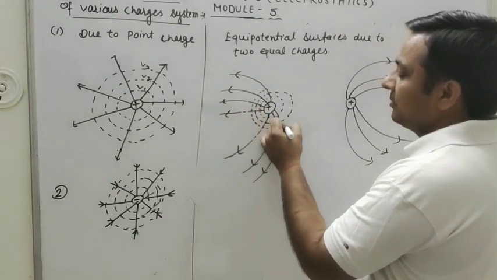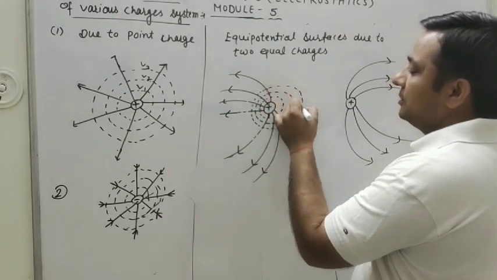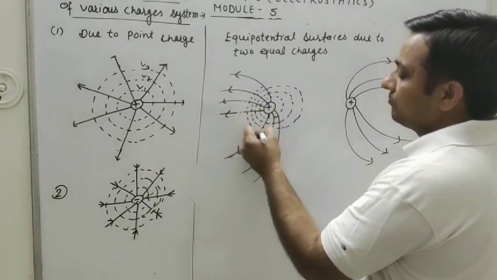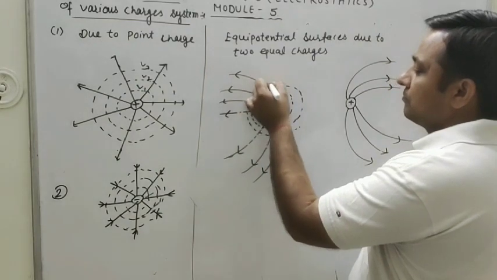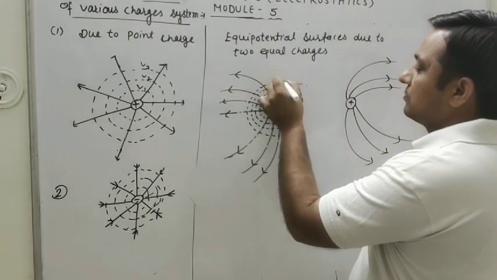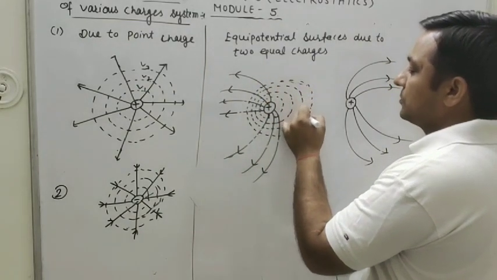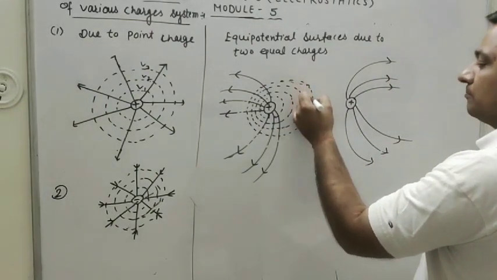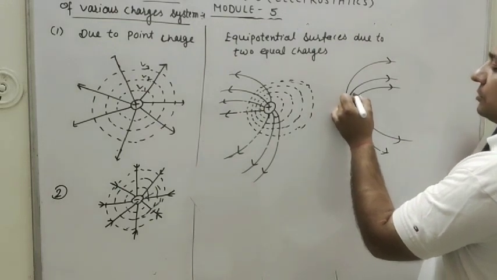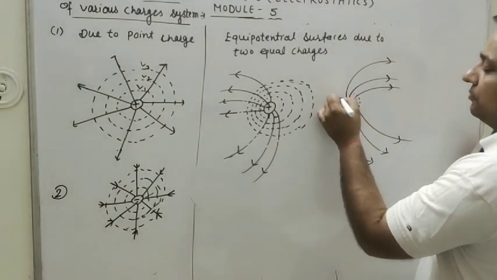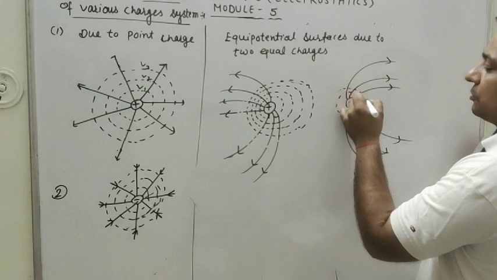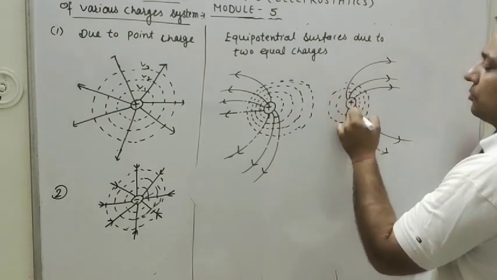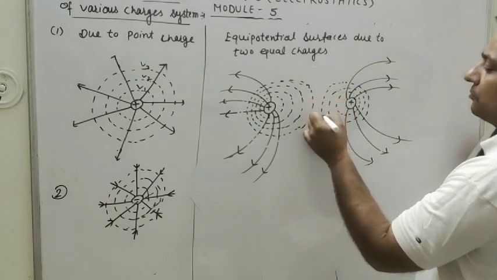This is the strong region, this is the weak region, also a weak region. Similarly, this is the strong region, weak region. Strong region, weak region.